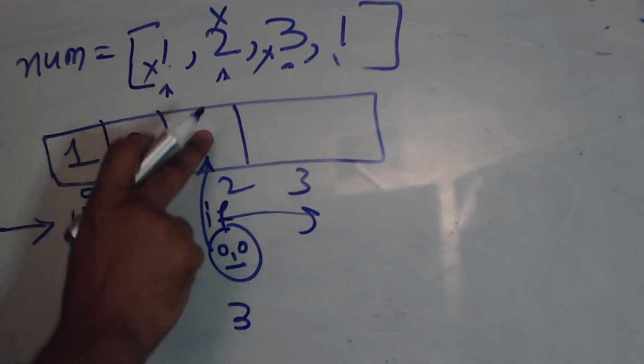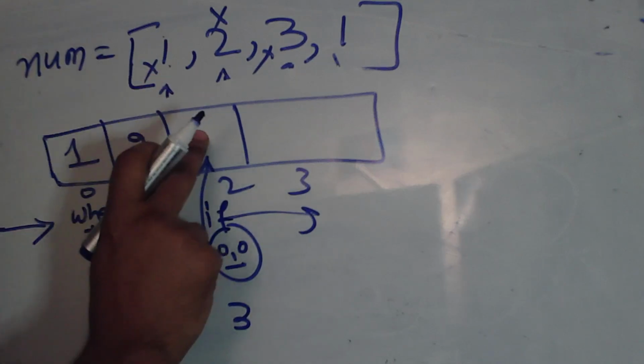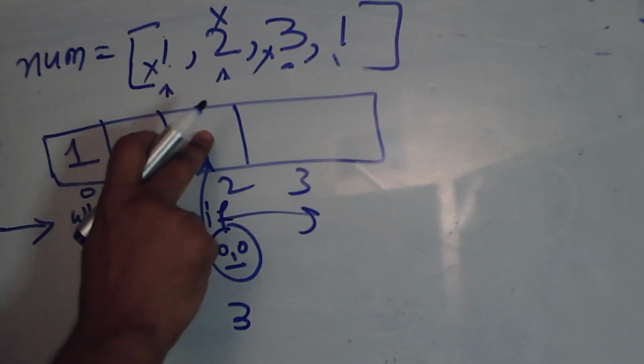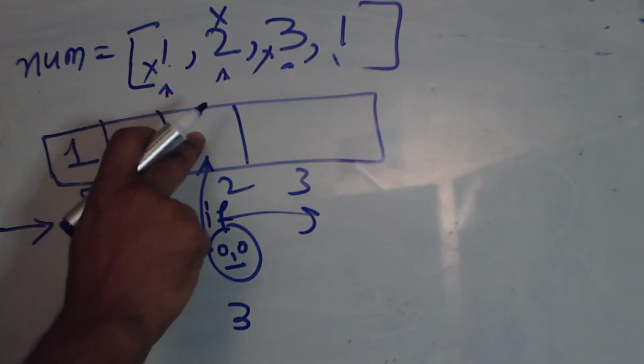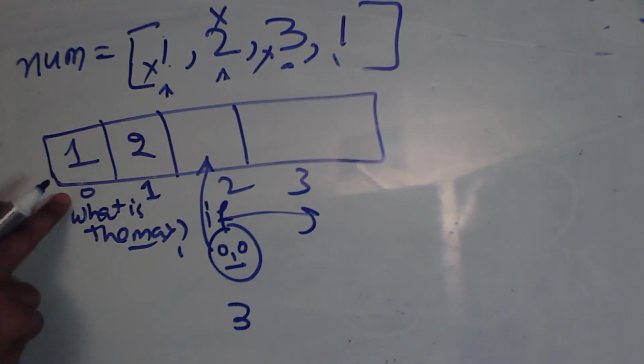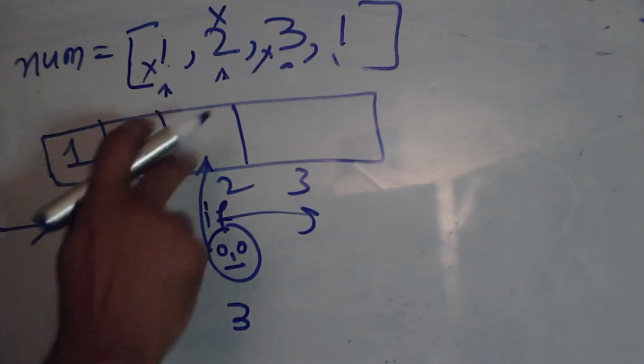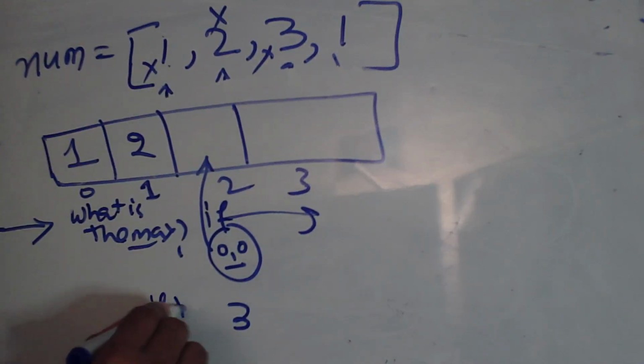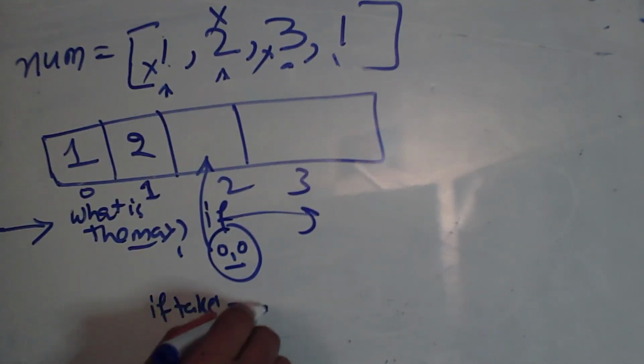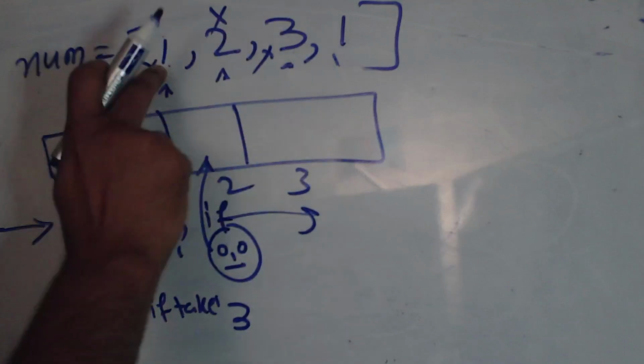Either he can take that amount or he can't. If he takes this amount, the only one he can consider is the 0th house. So if he takes it, then the total amount will be 3 plus 1.